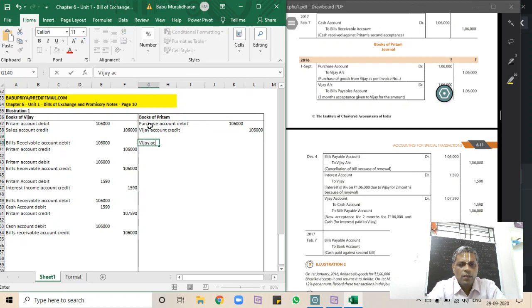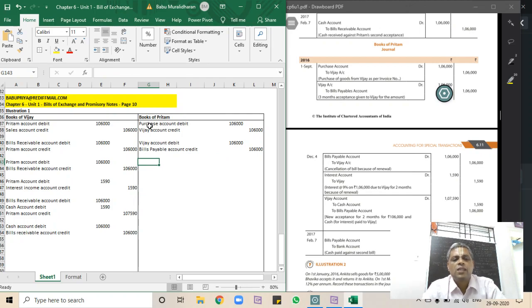Now this is converted into bills payable, right? So Vijay account debit, bills payable account credit. Because Preetham has accepted the bills raised by Vijay, so we are debiting Vijay account and crediting bills payable account, 1,06,000. Now on due date, Preetham has requested an extension.